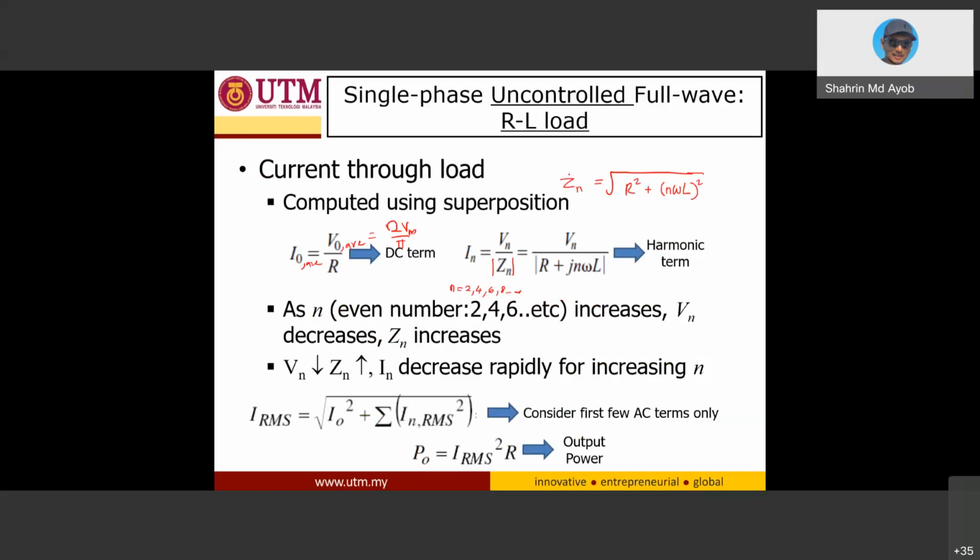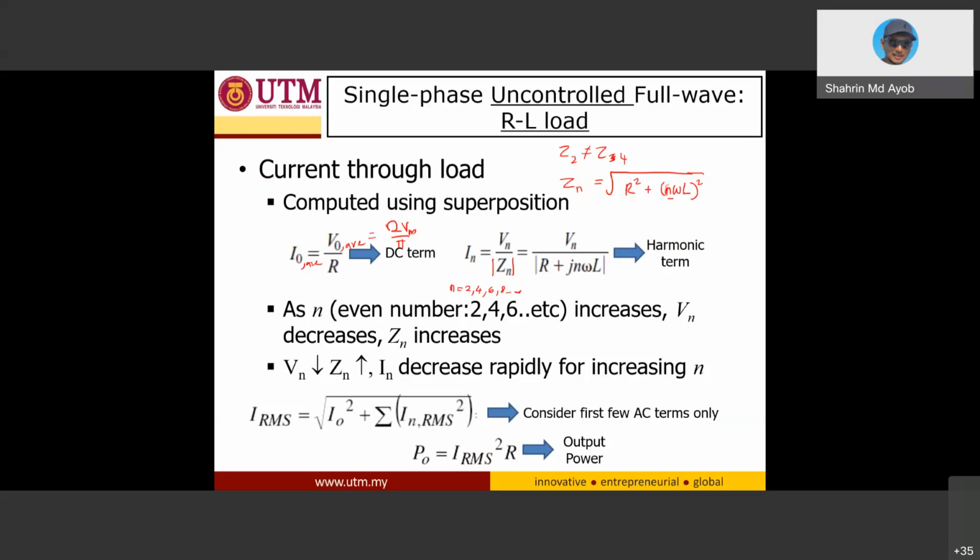This impedance value is not fixed; it depends on n. So Z2 is not equal to Z4.